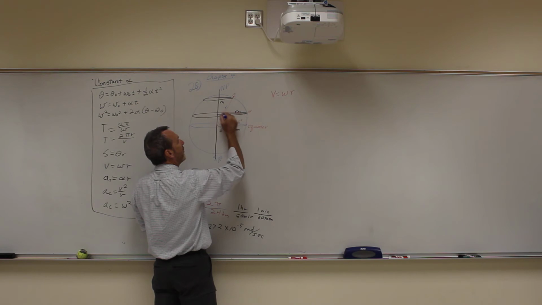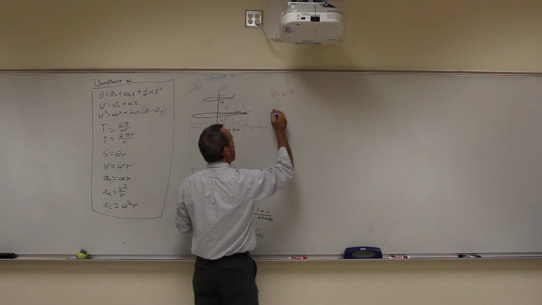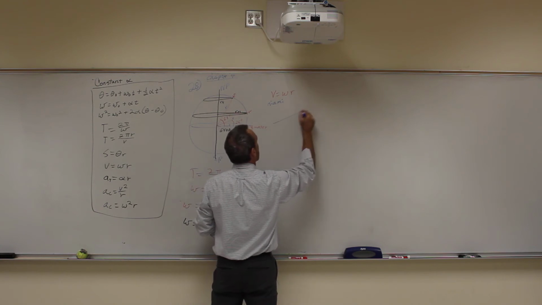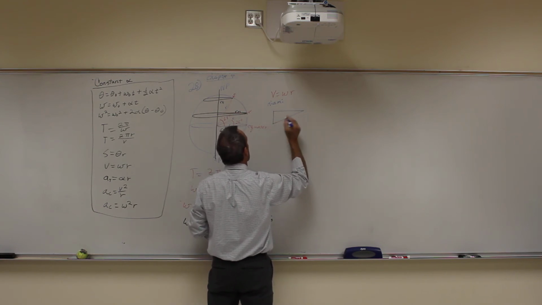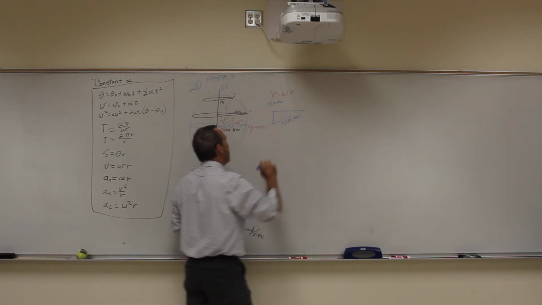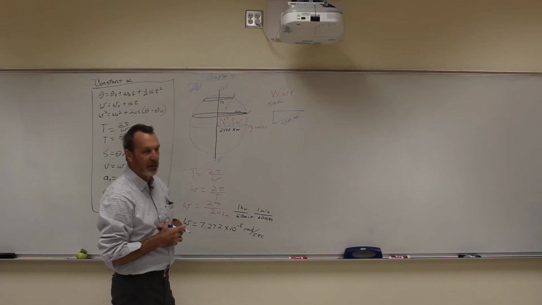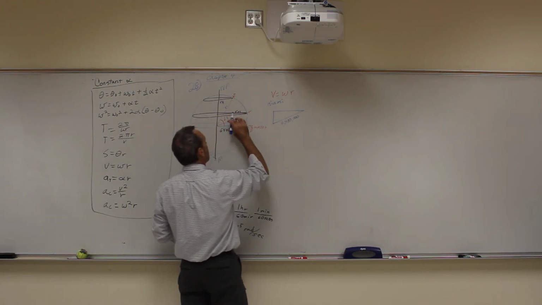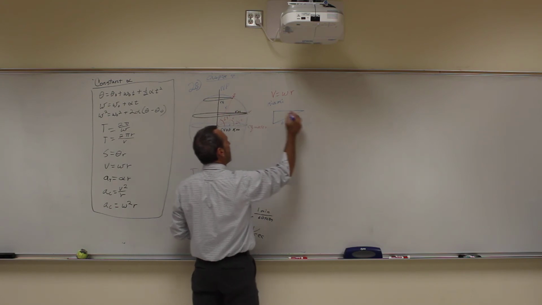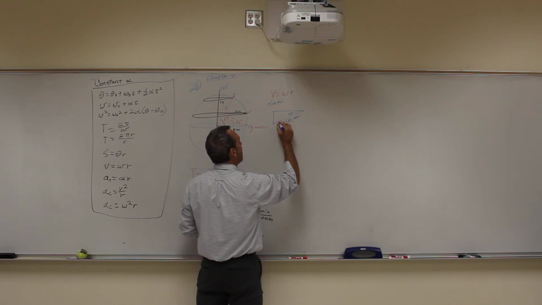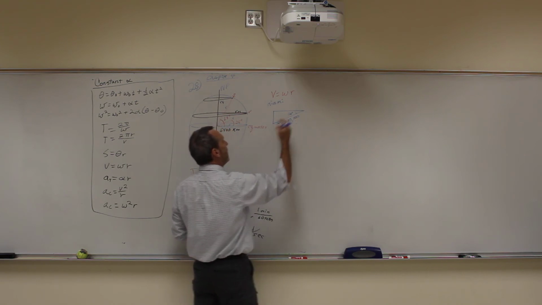So what I got to do is draw a triangle here for Miami. I have a triangle that looks like this, where this is 6,400 kilometers. I'm going to convert that and make that 6.4 million meters. And I know that this angle here is 26, but remember that angle is the same as this angle, so this angle is equal to 26 degrees also, because this was our original 26. Those are alternate interior angles.